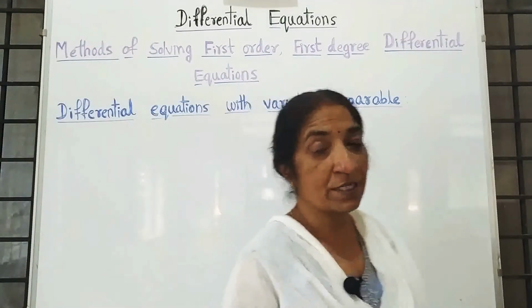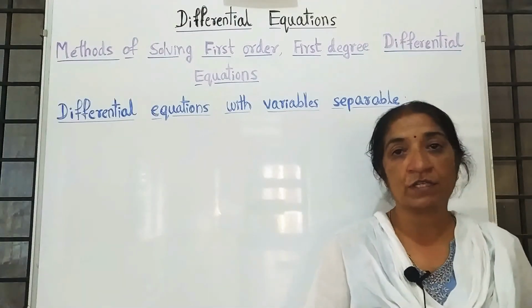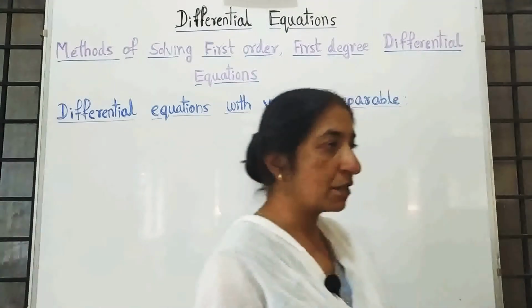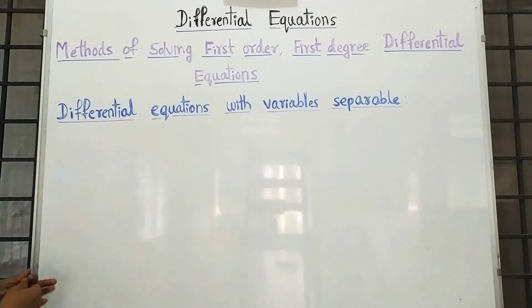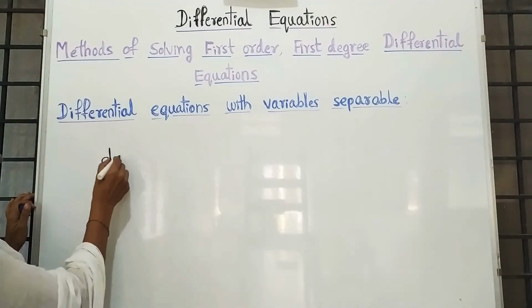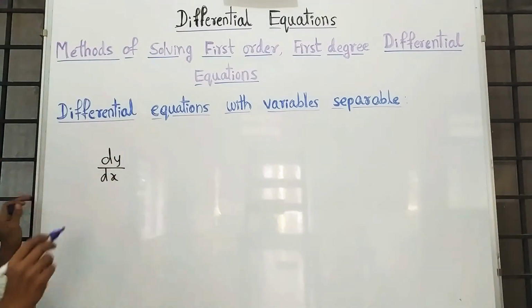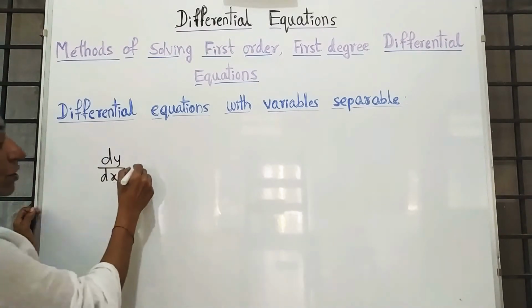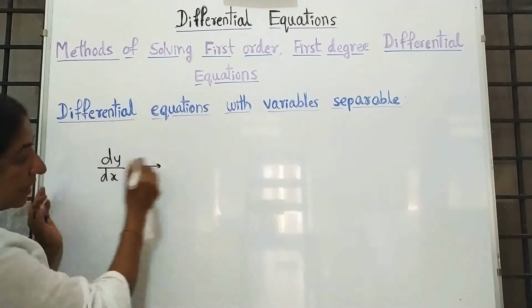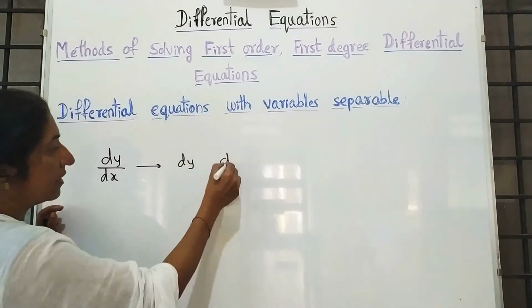So what you are studying in this and which steps are involved in the variable separable, that means you know that when you differential equation means it contains dy upon dx. When you are writing variable separable method, so you can separate dy and dx.